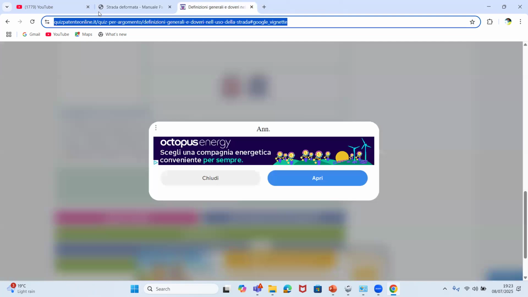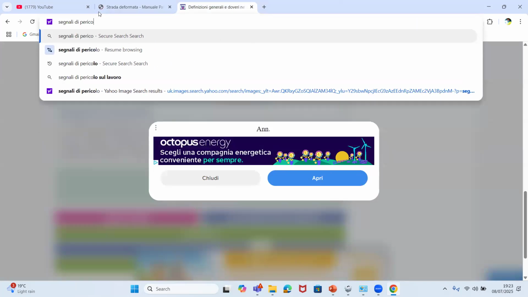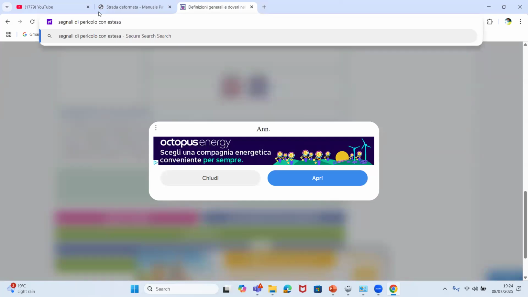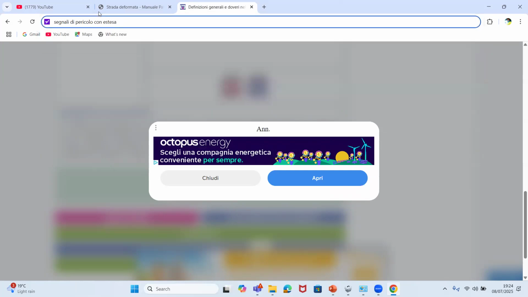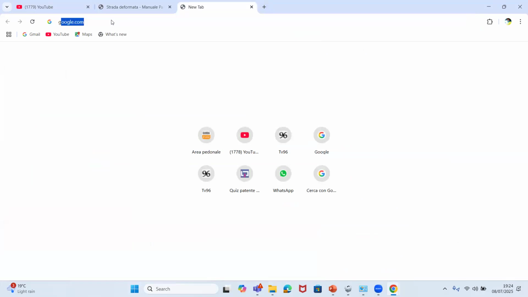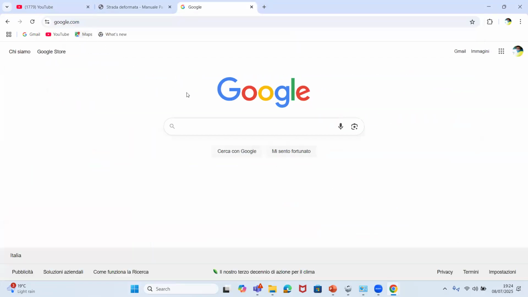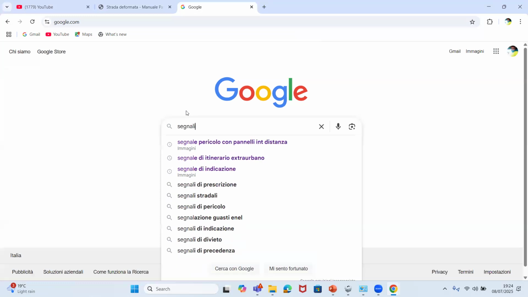That is telling you 150 meters before this very spot, you have to be ready to slow down, or you have to brake in case of a hazard. That is one of the examples to know segnale pericolo.